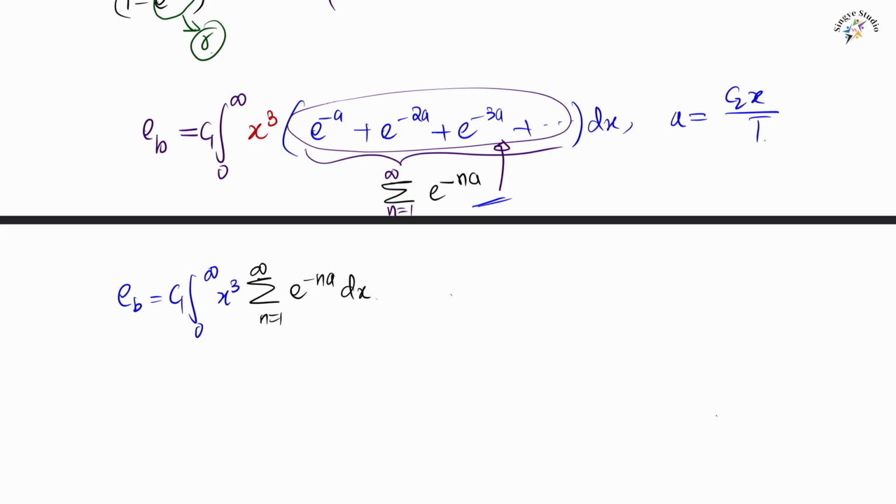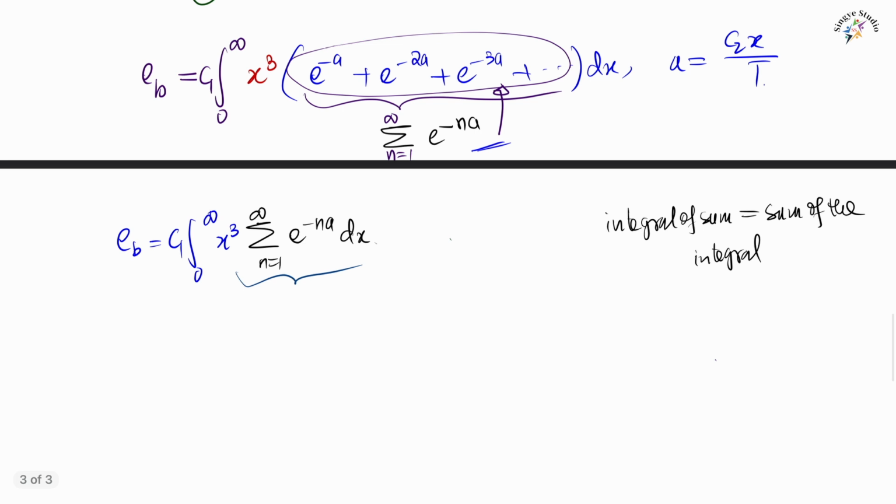Now the job is to evaluate the value of this expression. From the understanding that the integral of a sum equals the sum of the integrals, which is the fundamental theorem, you can take the summation out of the integral sign.